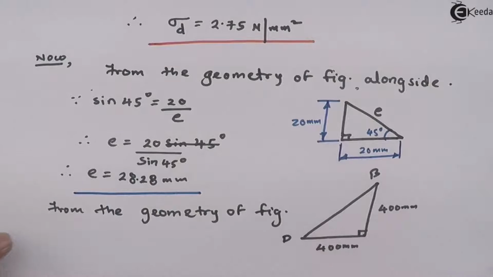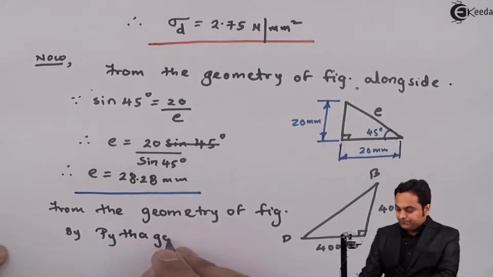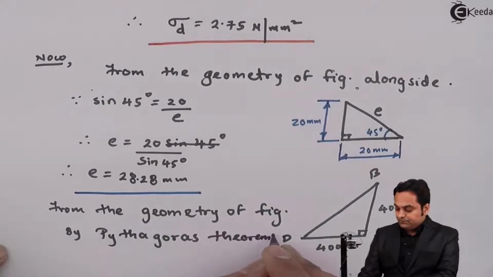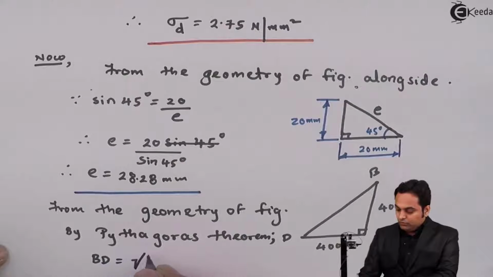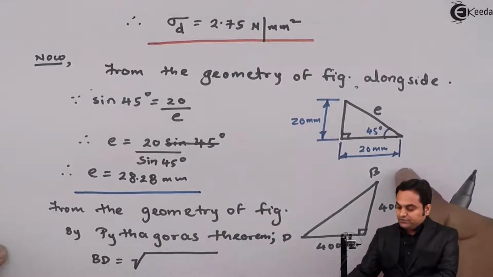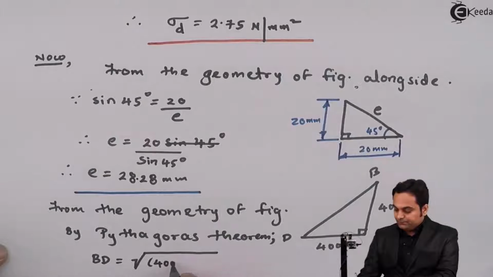So BD is the hypotenuse, so by Pythagoras theorem, BD is equal to root of 400 square plus 400 square.